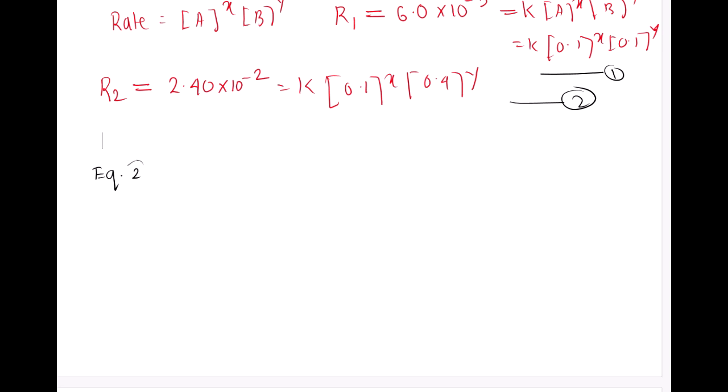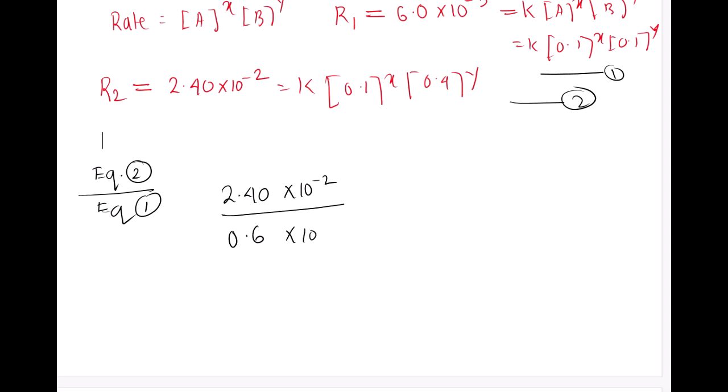Equation 2 is divided by equation 1. We'll get 2.40 into 10 to the power minus 2 divided by 0.6 into 10 to the power minus 2 equals 0.4 by 0.1 to the power Y.